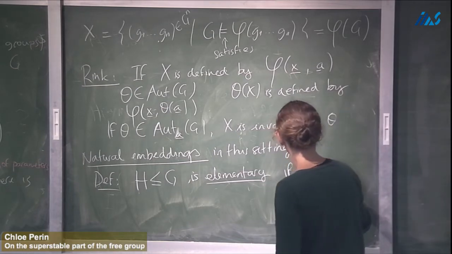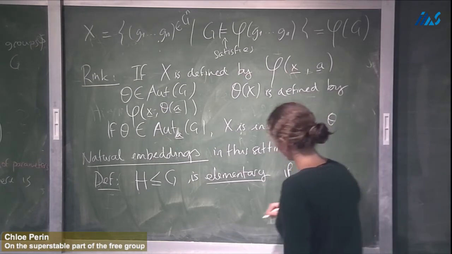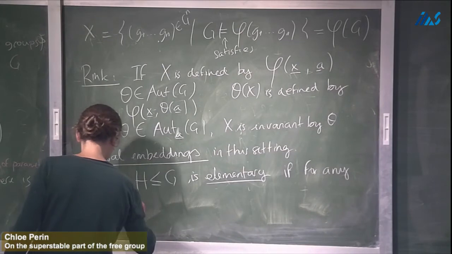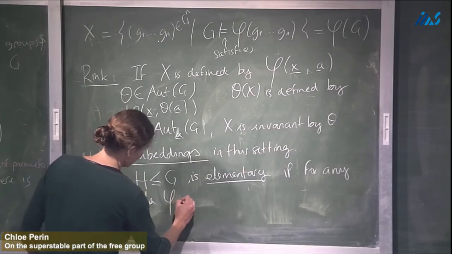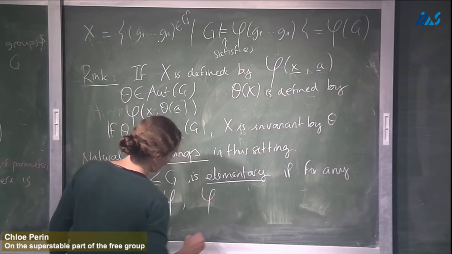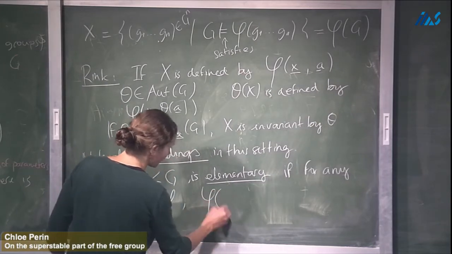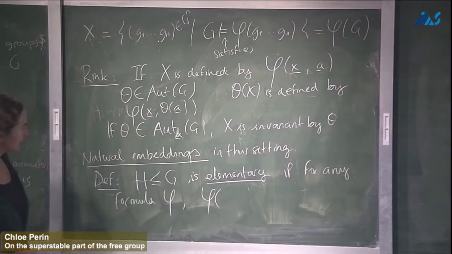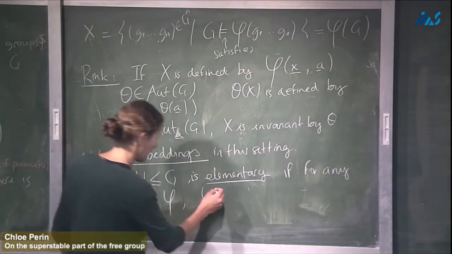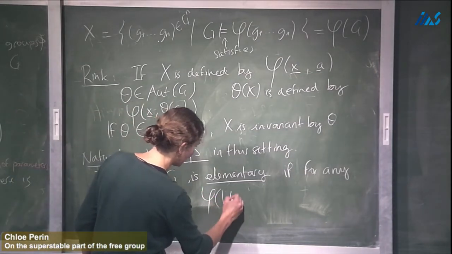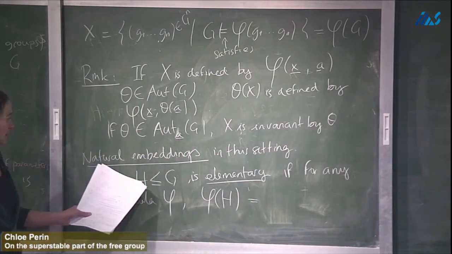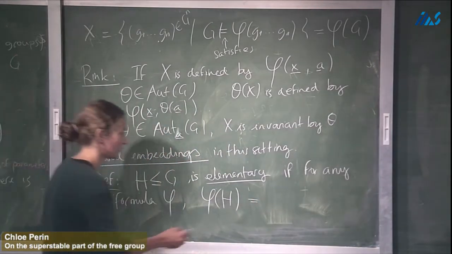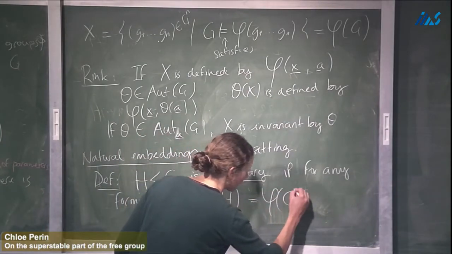So if for any formula phi, I want to look at the elements of H which satisfy phi, there should be exactly the elements which satisfy phi in G and which are in H.